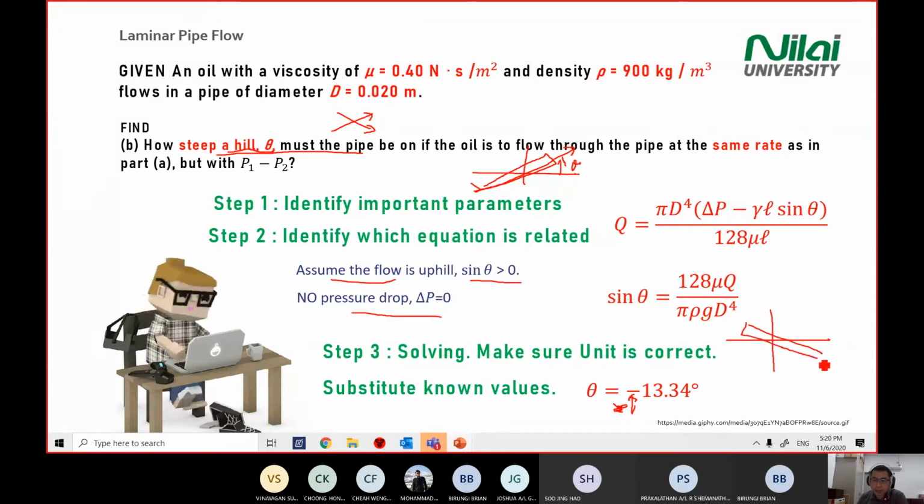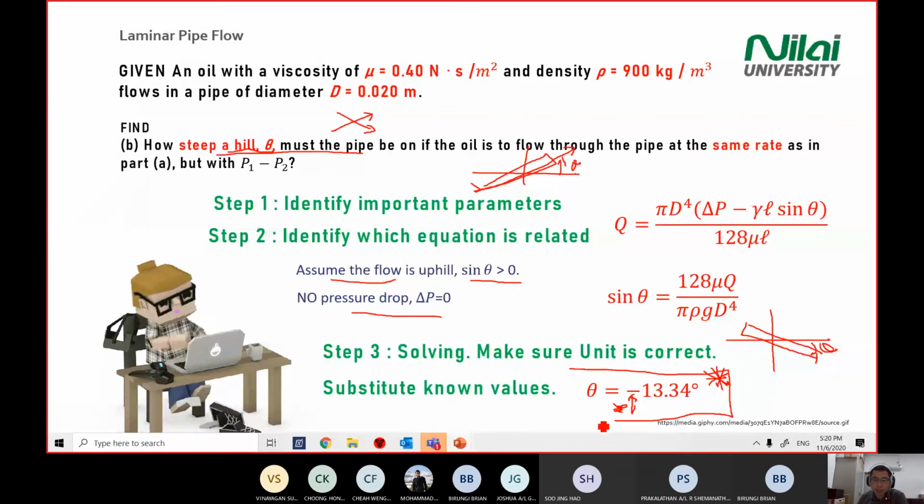Our pipe is going down with the angle 13.34. Important to explain what is negative.